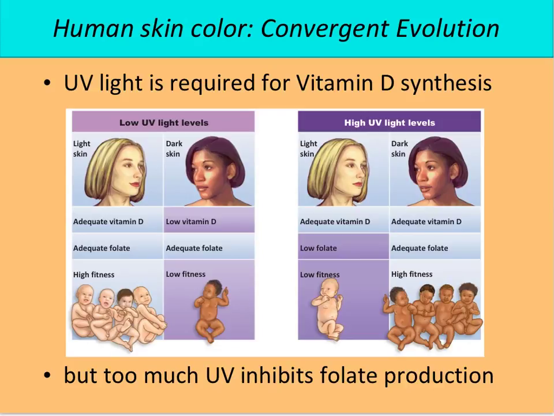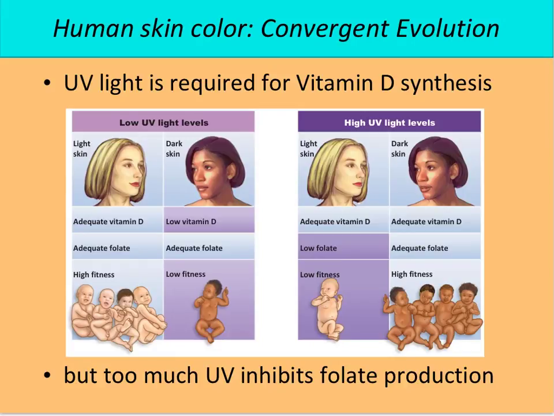Okay, so in low light conditions, like let's say up in the Arctic, if you have light skin, you're likely to have adequate vitamin D. If you were dark skinned up there, you would probably be low in vitamin D. Now, folate is another vitamin. Too much UV inhibits folate.